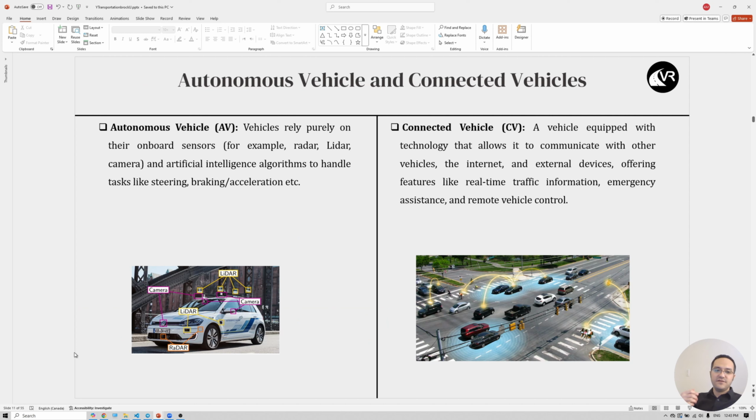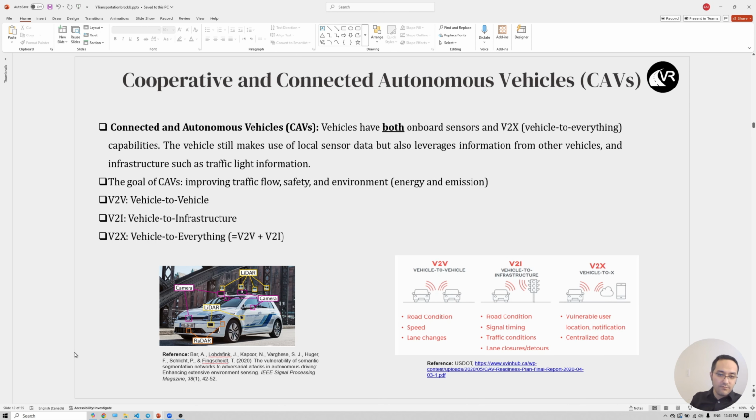Okay, so what's the difference between AV and connected vehicles, CV? On the left side, the AV has the onboard sensors, but CV has the V2V and V2I communications. So CV, the connected vehicles, can communicate with different objects. And now if we combine these two, we have the connected autonomous vehicles.